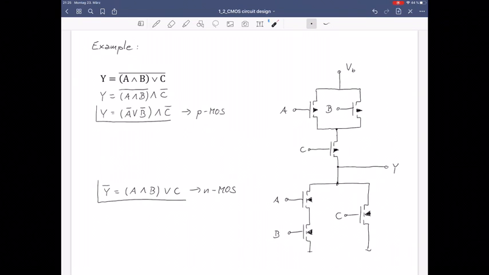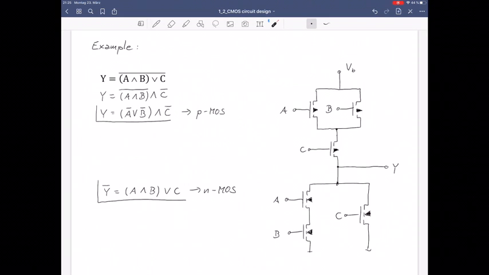But in the circuit itself, we have A, B and C. So the reason for this is that the PMOS transistor automatically inverts the input signal. So if we have a variable A bar as an input in the corresponding equation, we need to use the inverted value, which is simply A, in the circuit.